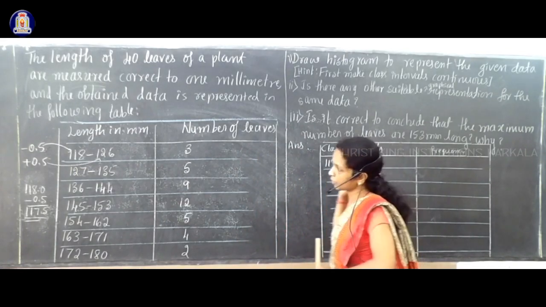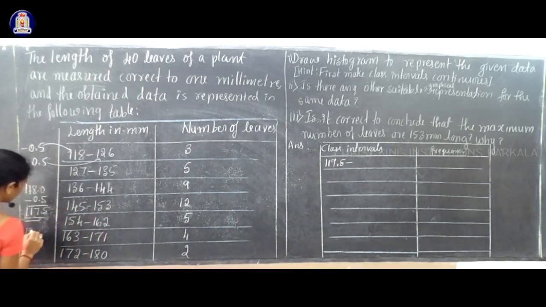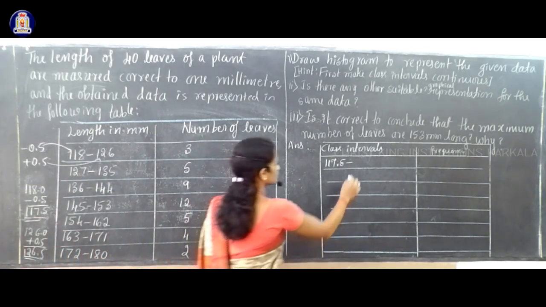And you have to add 0.5 to the second number, 126, that is 126.0. Adding 0.5, we get 126.5. So the second number in the first class interval is 126.5.